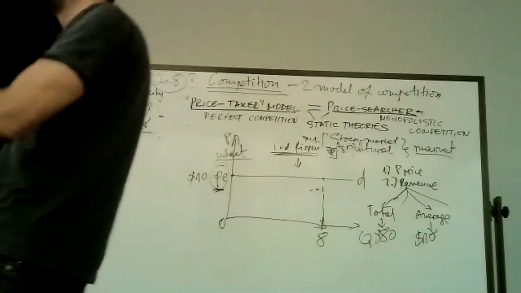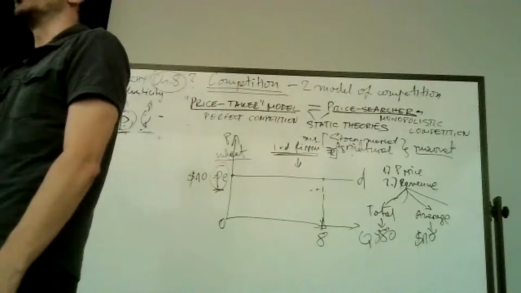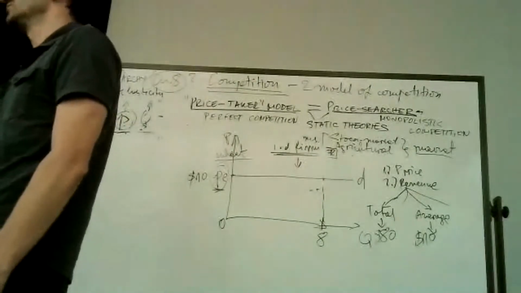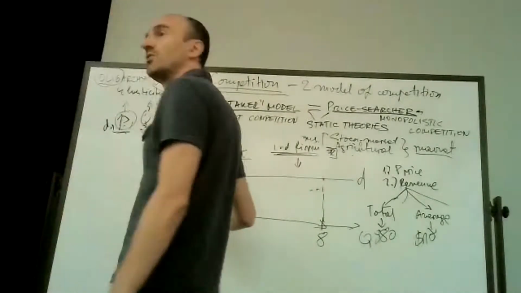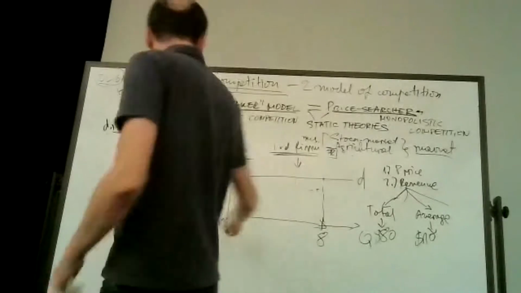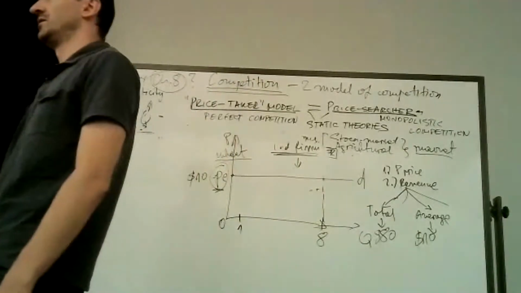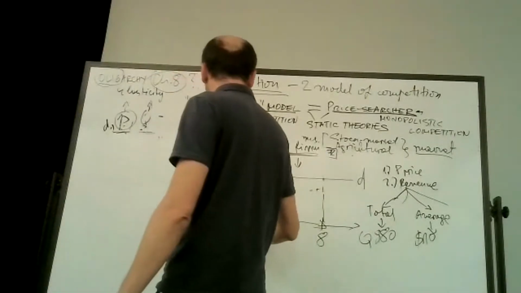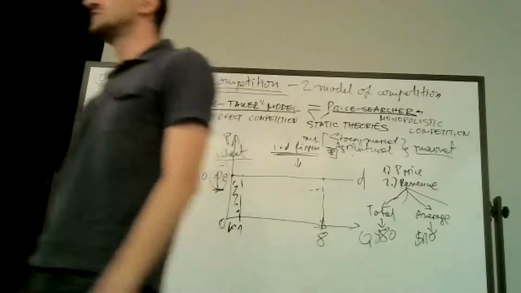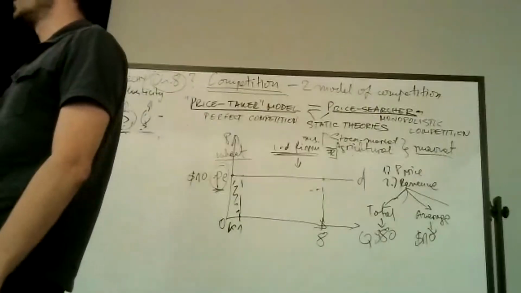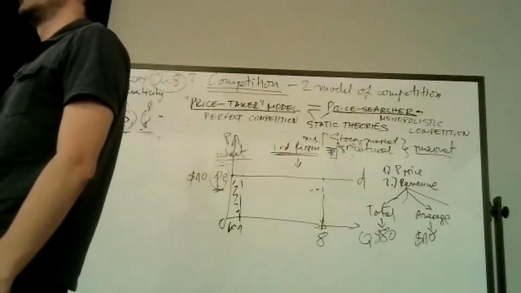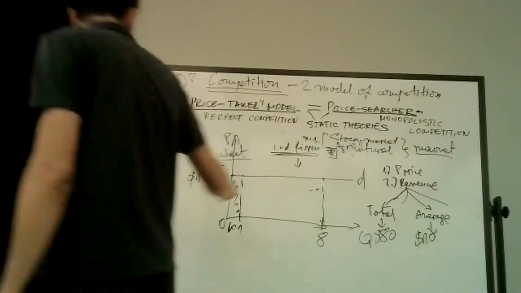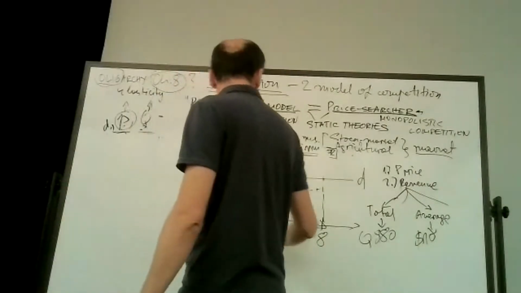Marginal revenue is the amount of money that you make by increasing your production by 1 unit, by adding 1 more unit to your volume of production. You start from 0, what is your revenue? 0. You produce 1 unit, what is your revenue from the first unit? 10. Okay, so this rectangle here is your marginal revenue. You go from the first to second unit, what is your marginal revenue? 10 again, and so on down the line.